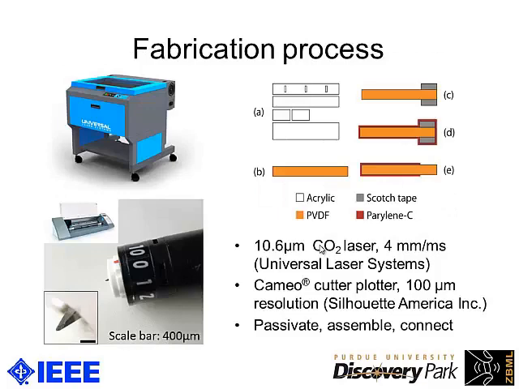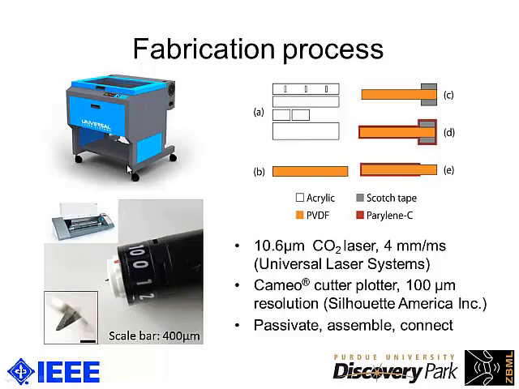The fabrication of this platform is pretty straightforward. We might use tools that are accessible to everyone. One of these is laser machining, which is becoming more popular now, along with other rapid prototyping technologies. And another one is this cutter plotter that we see here.